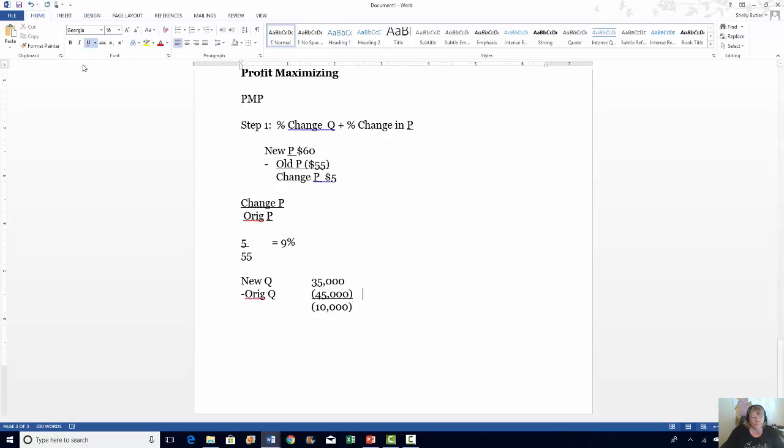So our change in quantity divided by our original quantity is negative 10,000, divided by 45,000.